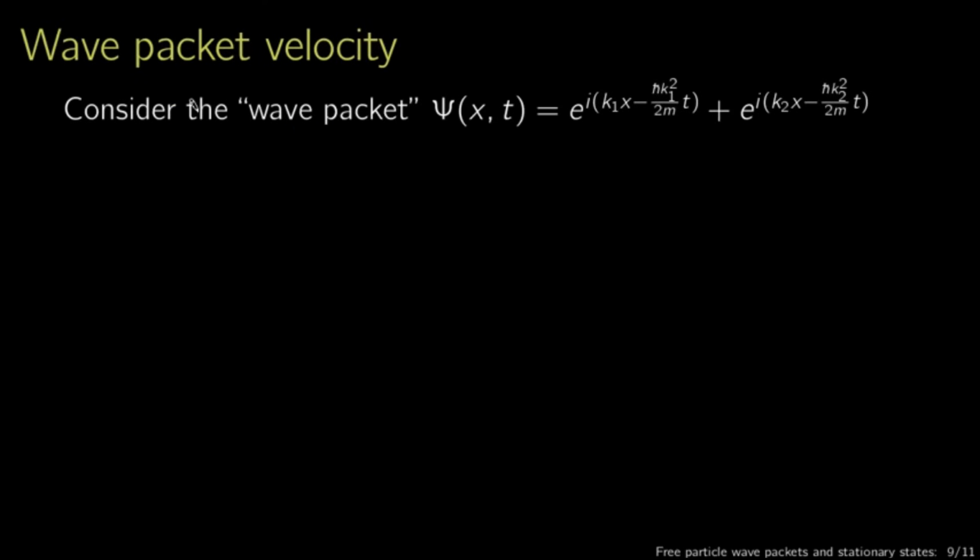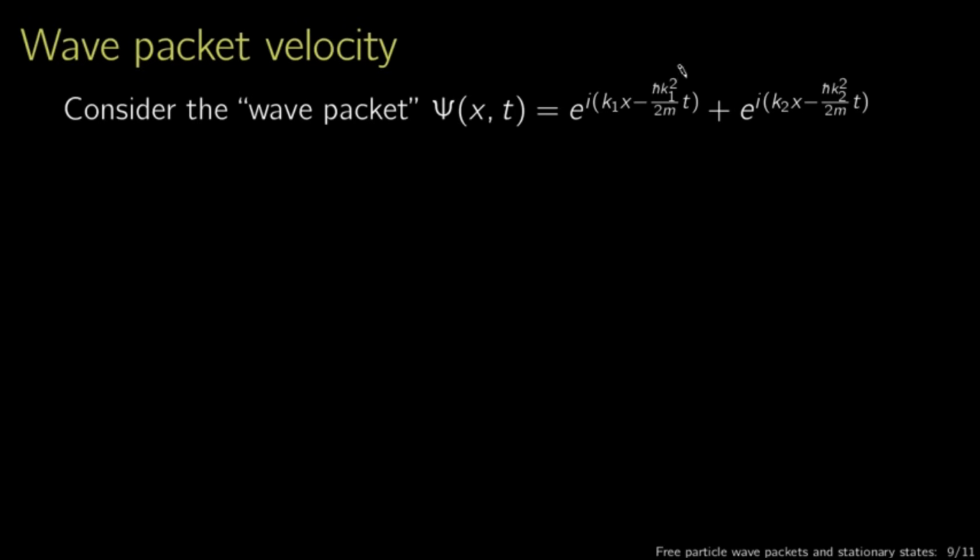In order to figure out the wave packet velocity, consider this wave packet. This is just a sum of two traveling waves with different k's, which I've now indexed k1 and k2. What I'd like you to do is think about expressing k1 and k2 as if they were near each other. So k1 is slightly less than k2, for example, or k1 is slightly greater than k2.